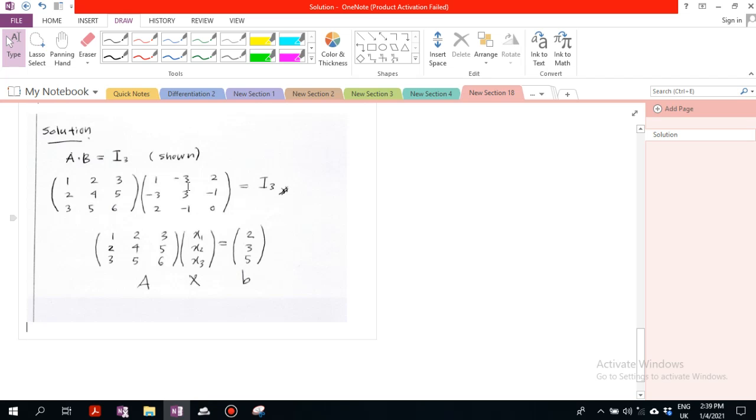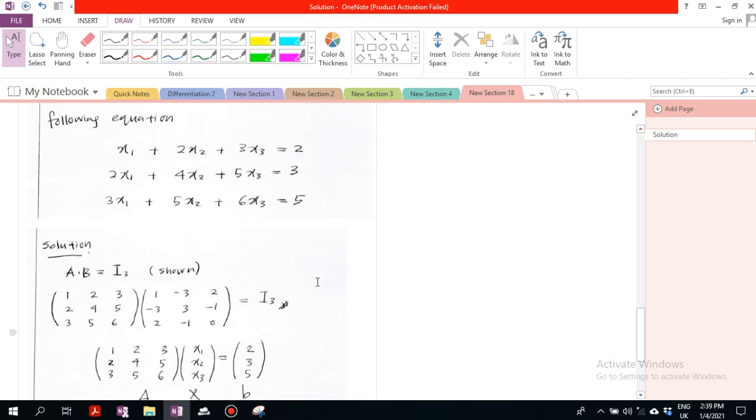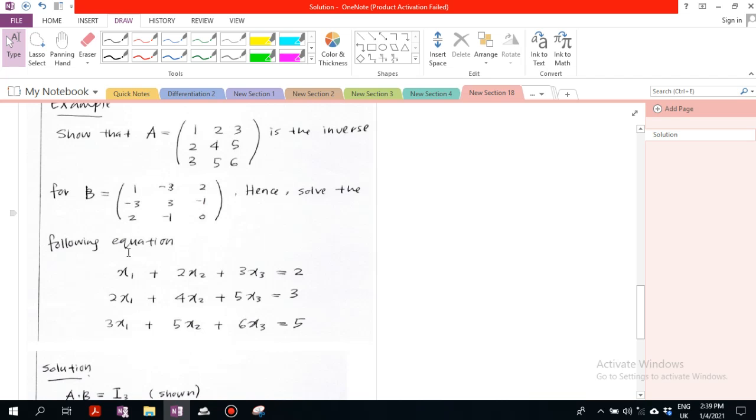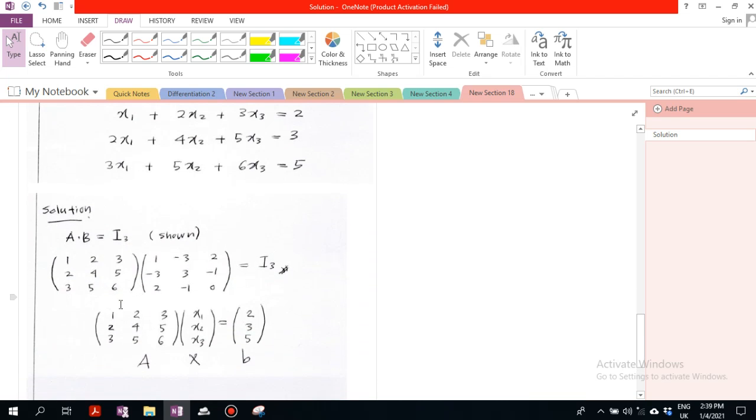So A times B, you will get the identity. Okay. So the second question is, hence solve the following equation. So this is the equation in terms of matrix.